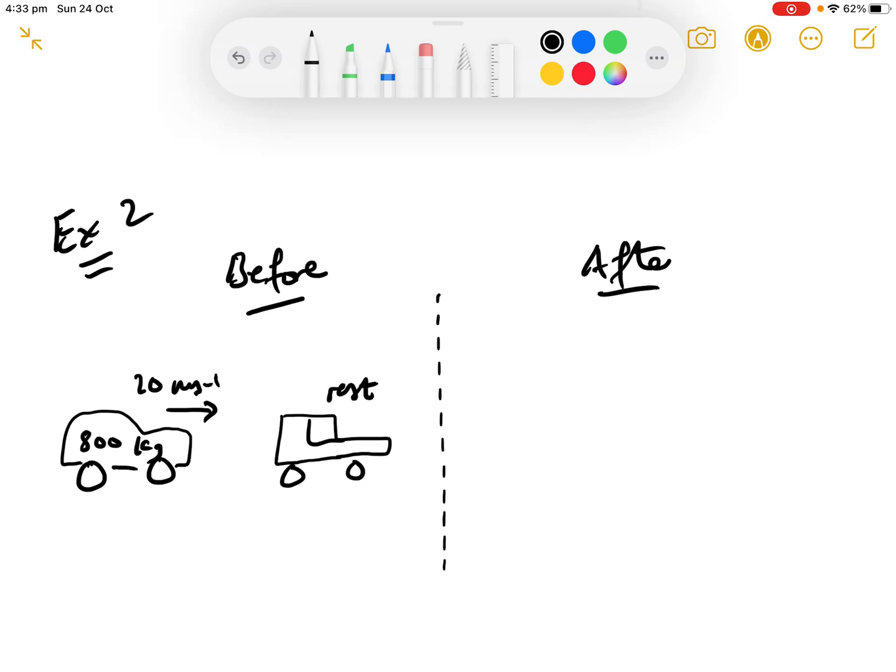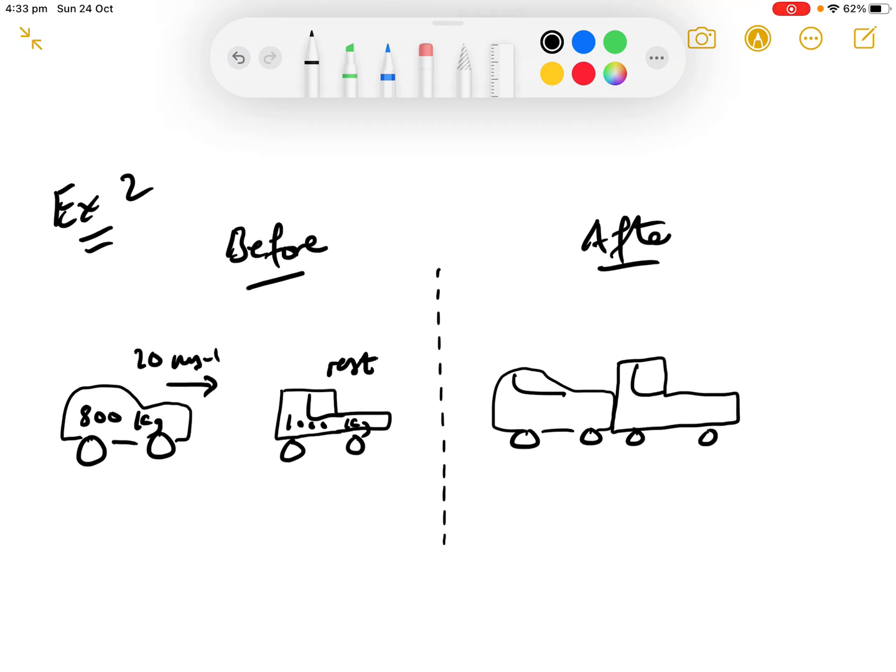Let's imagine that this car has mass 1,000 kilograms, and that afterwards they join together, so they get stuck, sort of like that.